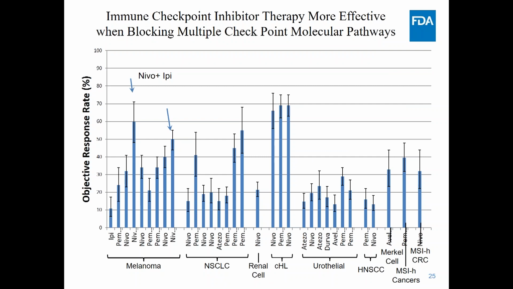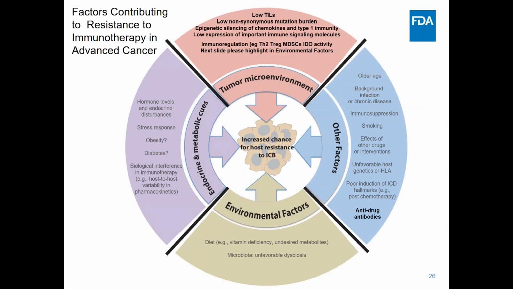And I think we've been so excited by the fact that you can get spectacular responses in patients who would have been given up for gone with the current therapeutics, as well as an occasional complete response, that we really haven't focused heavily enough on the factors contributing to resistance in immunotherapy.